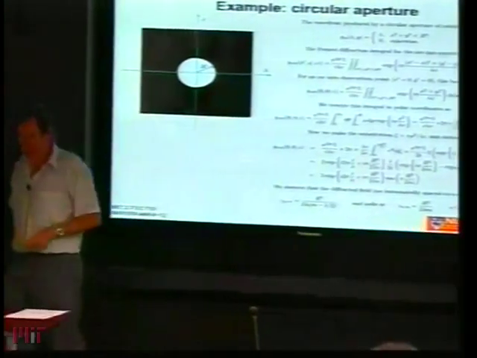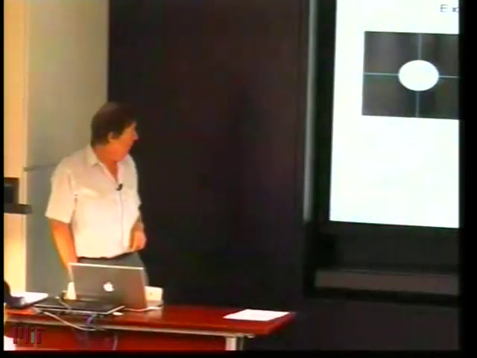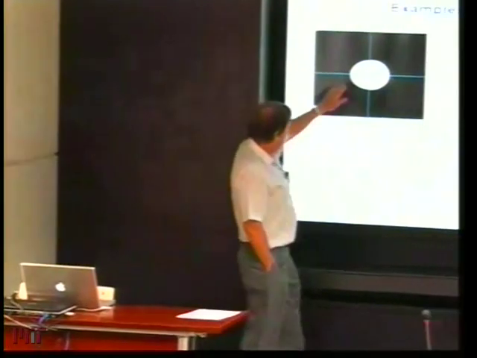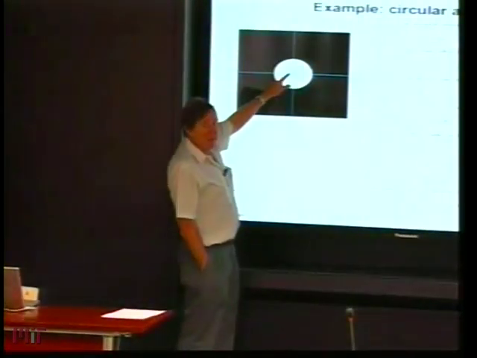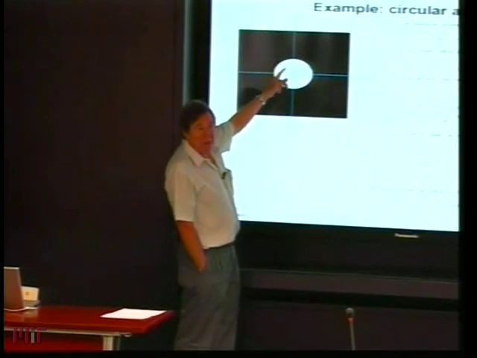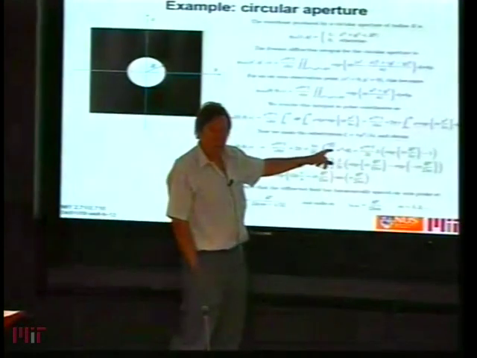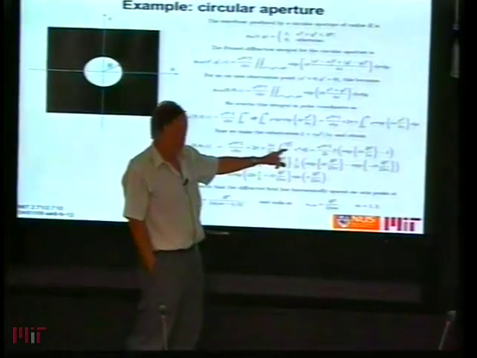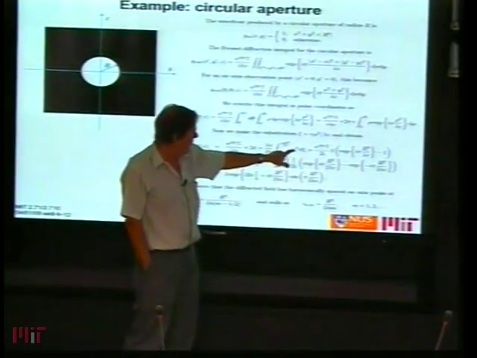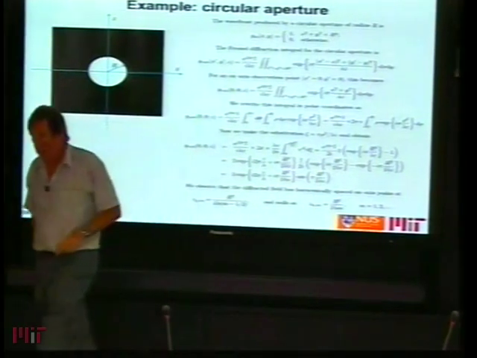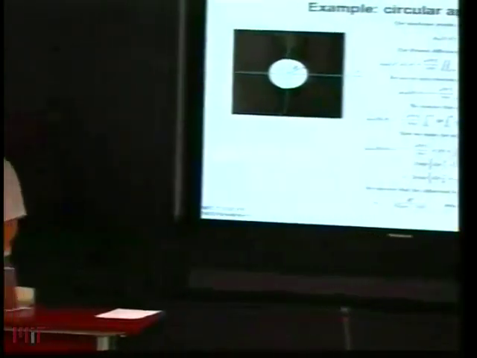So even if you looked at a more complicated example, if it had this circular symmetry, whatever the amplitude transmittance of this aperture had been, all we'd have to do is the Fourier transform of that amplitude transmittance of that aperture as a function of this coordinate xi. So that's a sort of trick you can use to calculate these things easily sometimes.